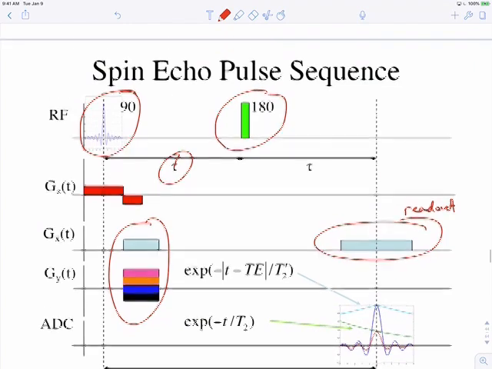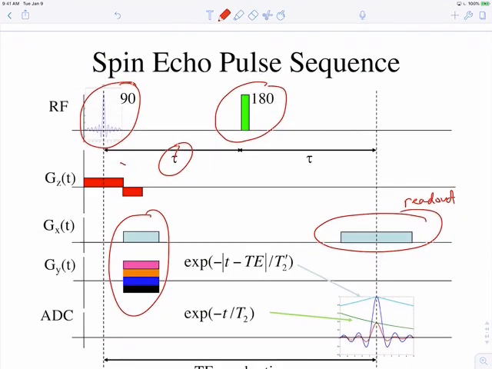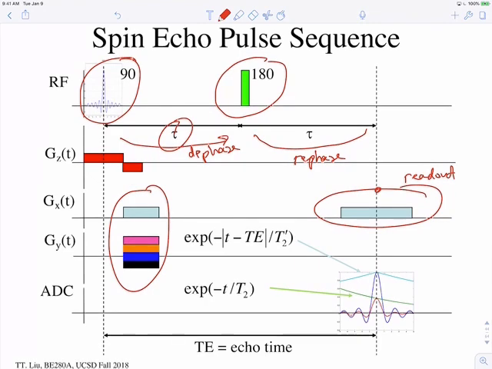If we wait the same amount of time, the spins that were dephasing can rephase. Then when we acquire here, most of the spins have rephased. Okay? And so now we have really recovered a lot of our signal amplitude.